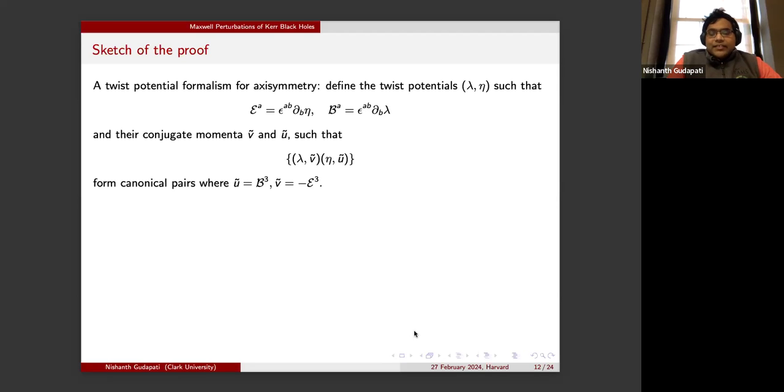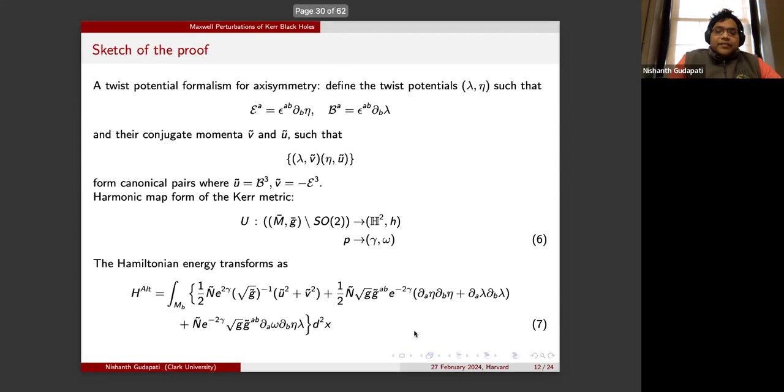What that does is that it allows you to construct the so-called twist potentials, which are defined as follows: the lambda and eta quantities. The reason why we're able to do that has a strong connection with the Maxwell constraints, if you observe carefully there.